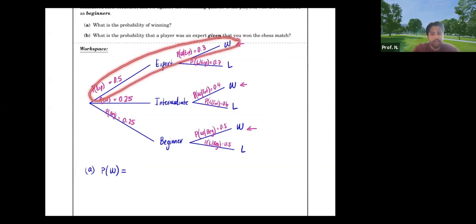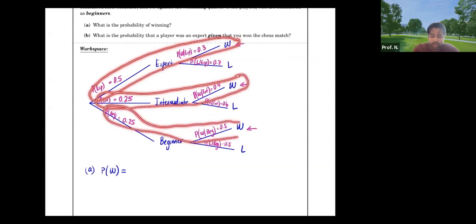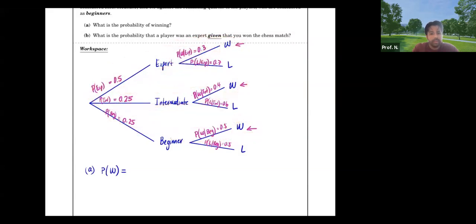This is one event occurring, or this event could have occurred, or this event could have occurred. Do you guys see how we had to multiply these two? Because this affects this outcome, right? And then I have to add these products together.